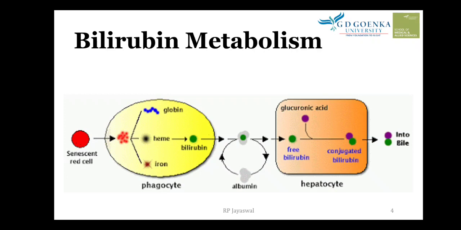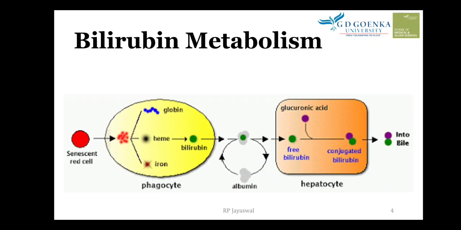It is taken up by a phagocyte, which destroys the senescent red cell and releases hemoglobin. The hemoglobin is further broken down into heme and globin. Globin is broken down into amino acids, which are reused in the body, whereas heme releases its iron, and the remnant of the heme is converted to bilirubin in the phagocyte.